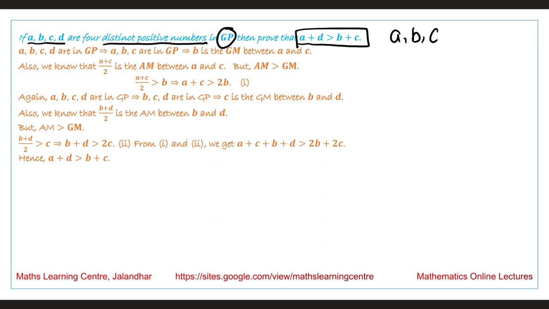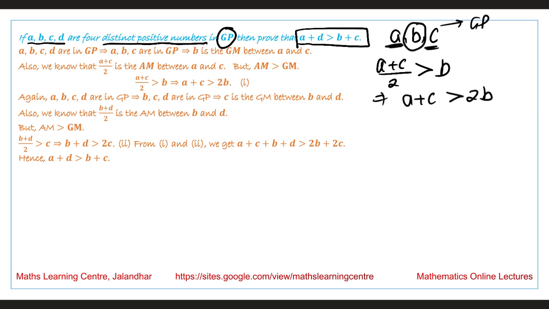And if these 3 numbers are in GP, what we obtain is that (a plus c) by 2 is greater than the geometric mean between the two numbers a and c, and the geometric mean between these two is b, because it is given that these 3 numbers are in GP. So this is greater than b. So this implies that a plus c is greater than 2 times b.